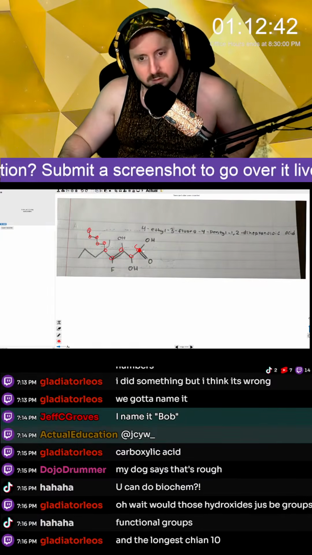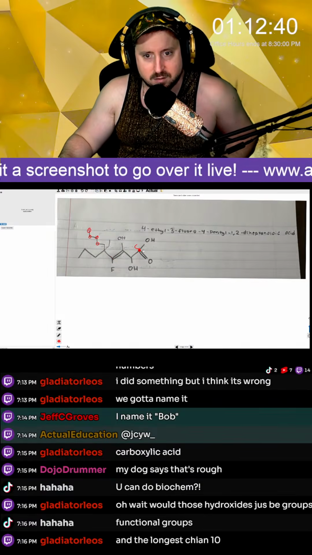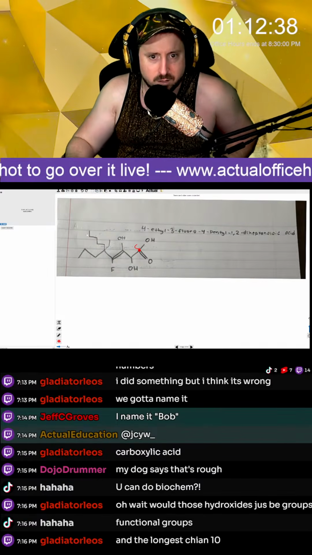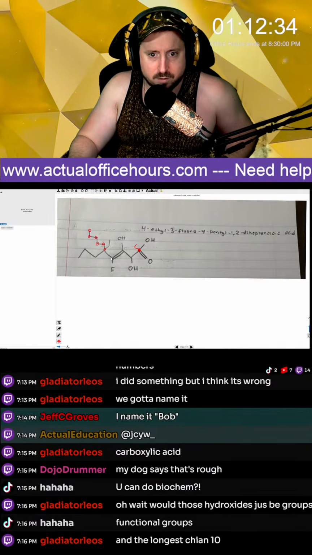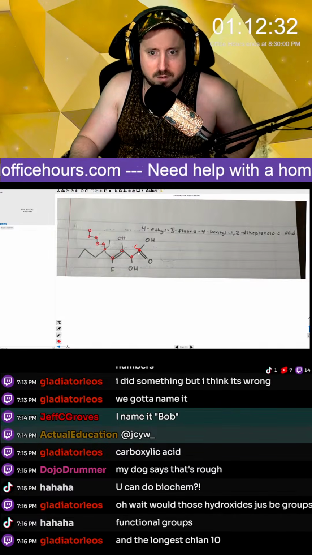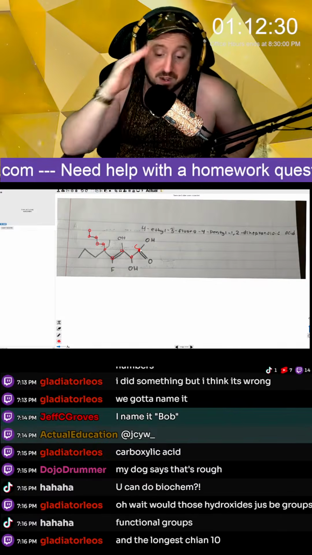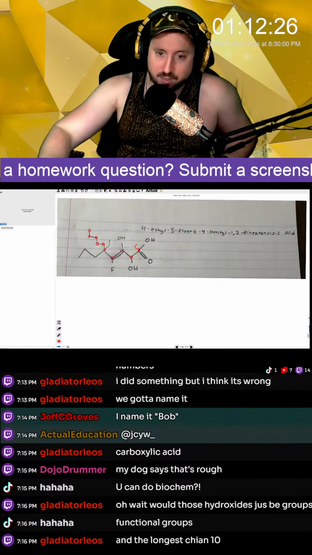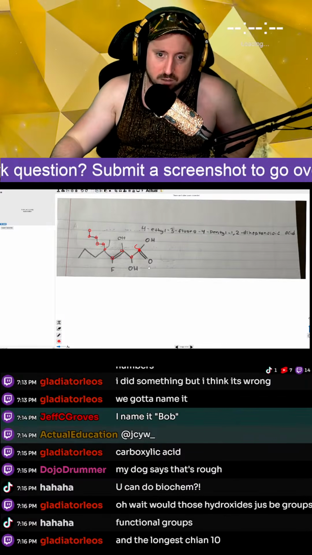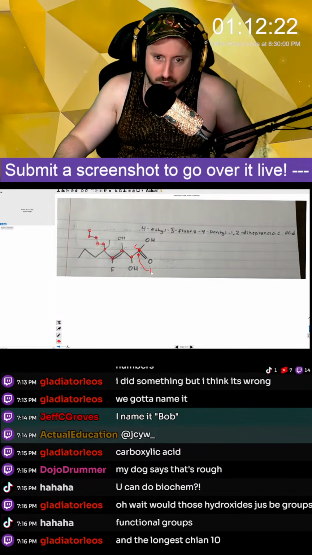Okay. So I agree there's 10. And okay, for the naming convention, I think you refer to this thing as the first carbon. I think this is the first one.